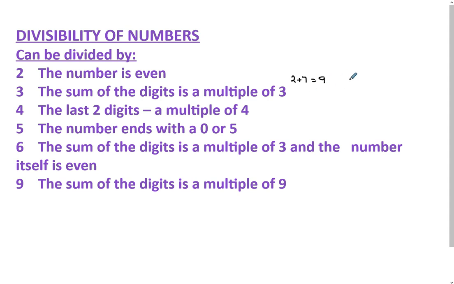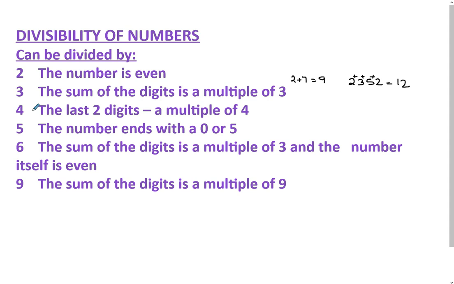So if you had something like 2, 3, 5, if you add them all up, it comes to 12, so that means the whole number can be divided by 3, okay?